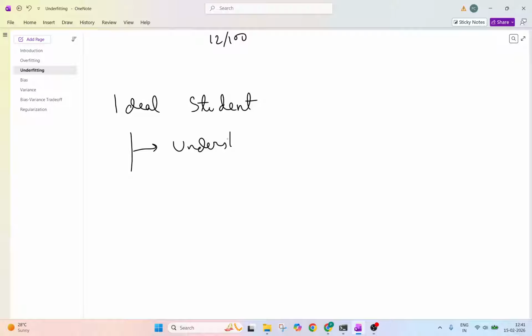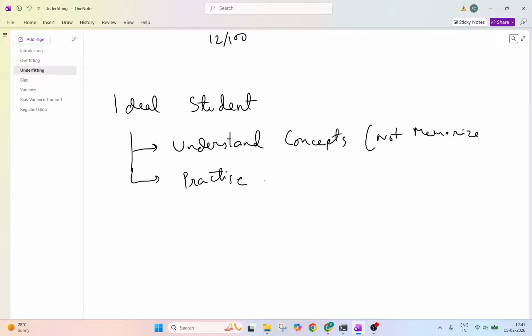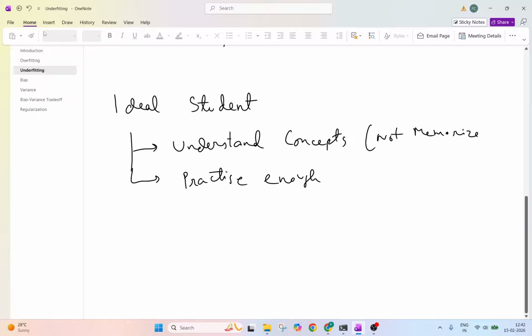Not memorize, but understand the concept and practice enough so that he can solve new questions that might be encountered in the real exam, right? And this is exactly what we want in an ML model.